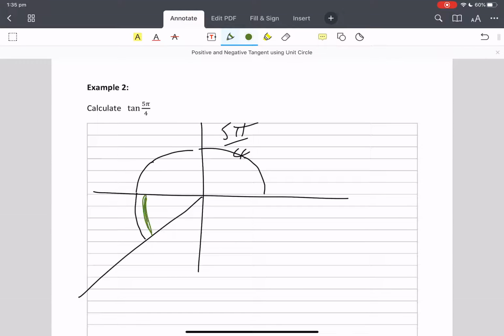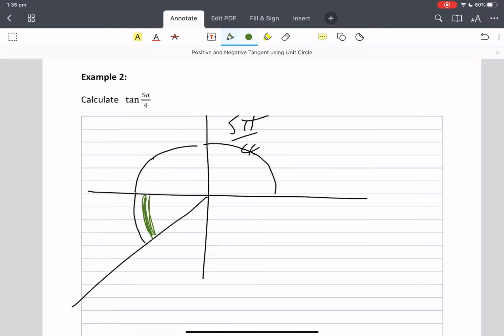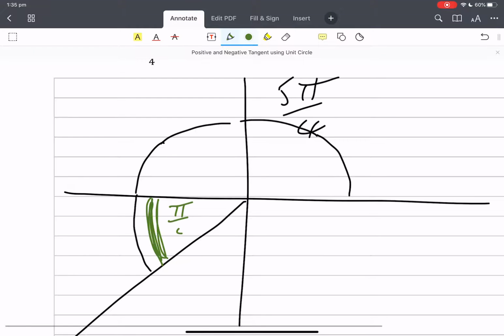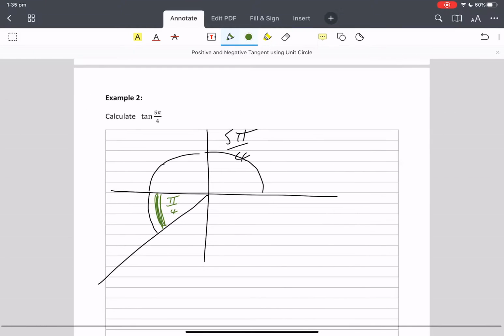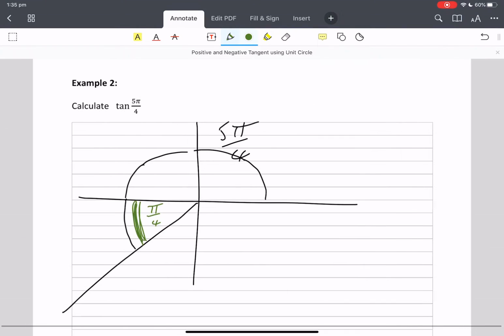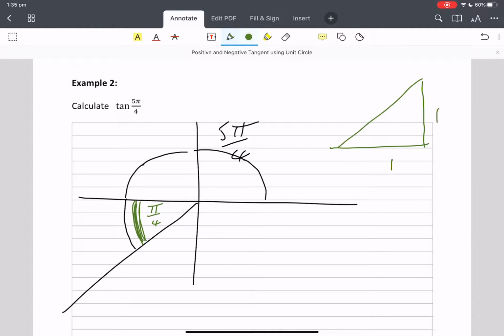I need to get my reference angle, which is pi on 4. So I need to draw my acute triangle. 1, 1, root 2, because that's pi on 4.